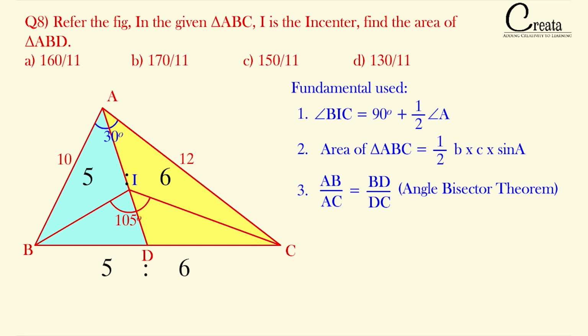After that, we have applied the fundamental of the area of triangles having the same altitude, that is the ratio of the areas of triangles having the same altitude is equal to the ratio of their bases. So with the help of these fundamentals and formulas, we have solved the question.